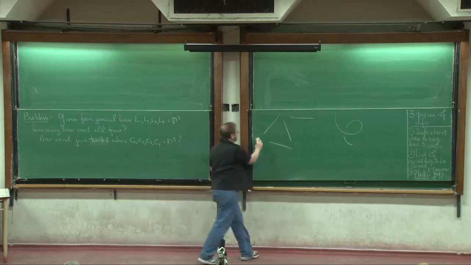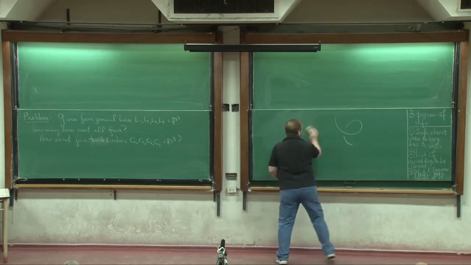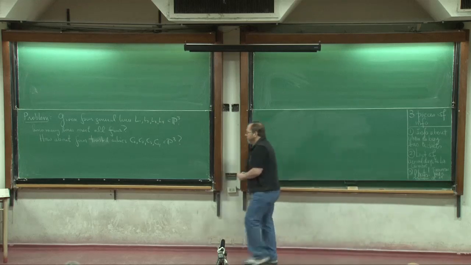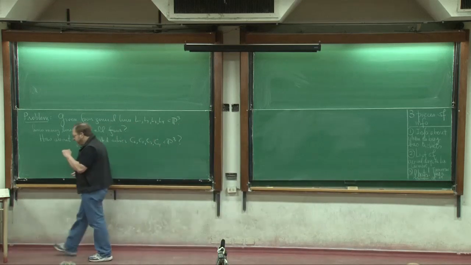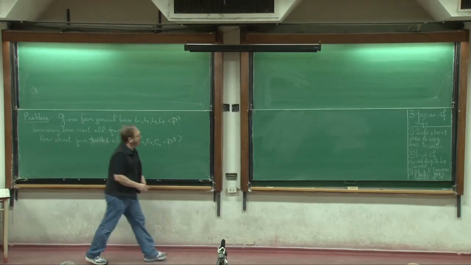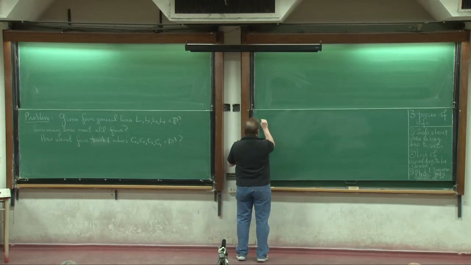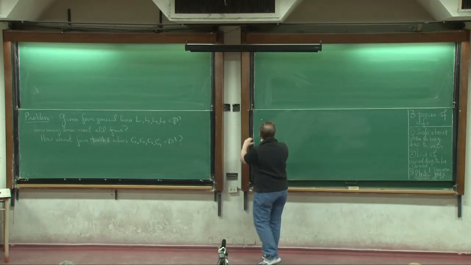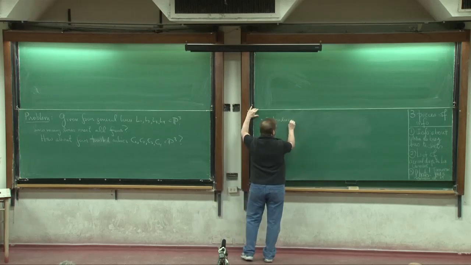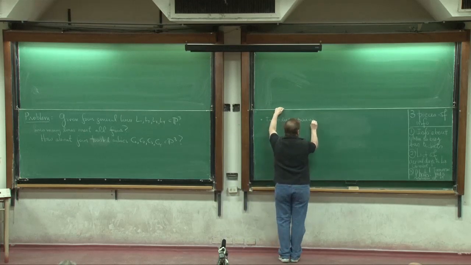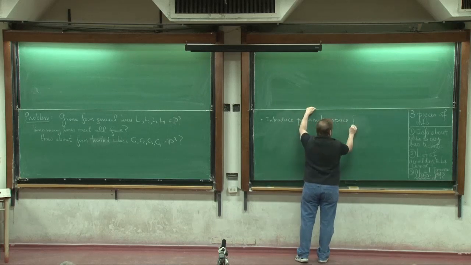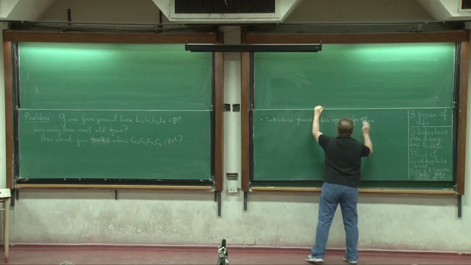So how do we approach a problem like this? Well, this involves a series of steps that are pretty much standard in every problem in enumerative geometry. The first step, and this is really the way we think about the problem, is to introduce a parameter space for the objects we seek.